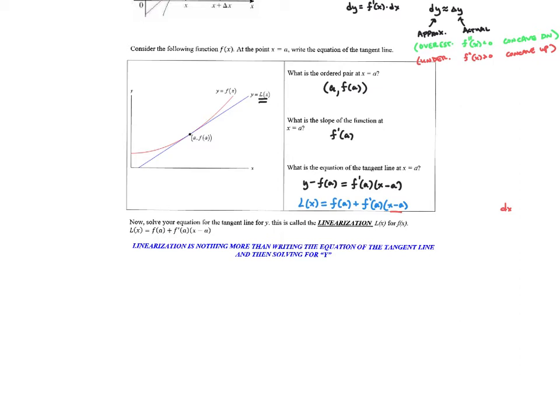And this right here, well, that's f prime at x, or at a, whatever that might be in that situation. Well, we know that f prime at x times dx is actually equal to dy. So L of x is actually equal to f at a plus dy.